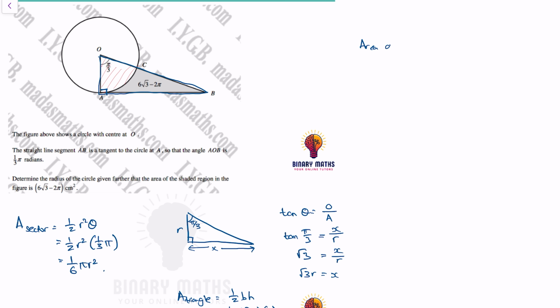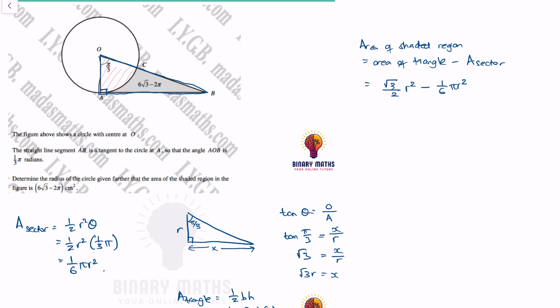The area of shaded region is equal to area of triangle take away area of sector, which is root 3 over 2 r squared, take away a sixth pi r squared.